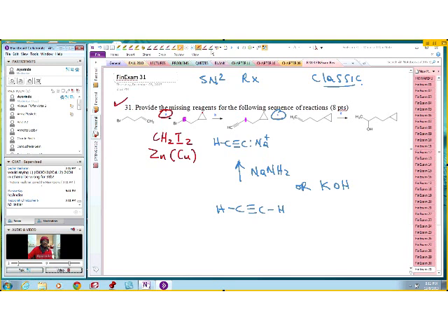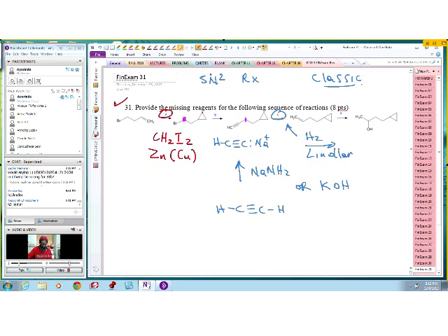So for this part here, we want to use hydrogen in the presence of Lindlar catalyst. That will take you from a carbon-carbon triple bond to a carbon-carbon double bond.